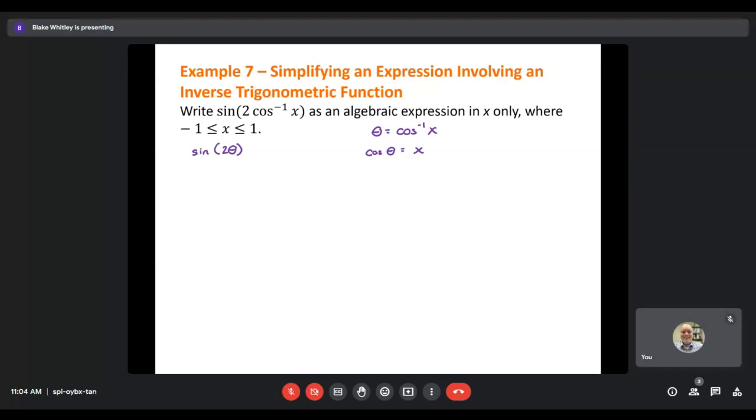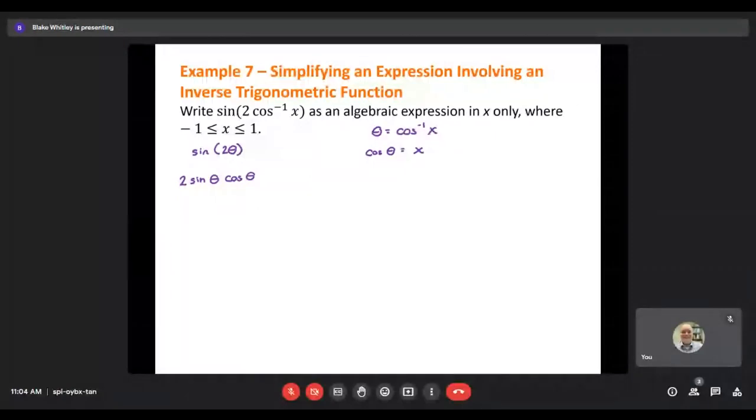Well, we know sine of 2 theta is going to give us 2 sine theta cosine theta, our double angle formula. And so now I need to know sine theta and cosine theta. Well, we know cosine theta, right? We just showed that that's going to be equal to x.